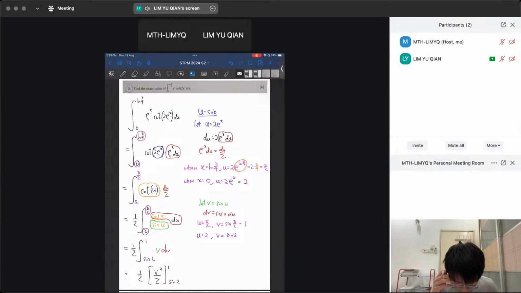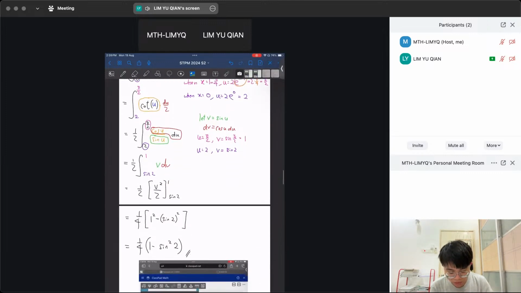Then substitute pi over 2, v equals sine pi over 2 equal 1. So when u equal to 2, v equals sine 2. 1 minus sine 2 square.